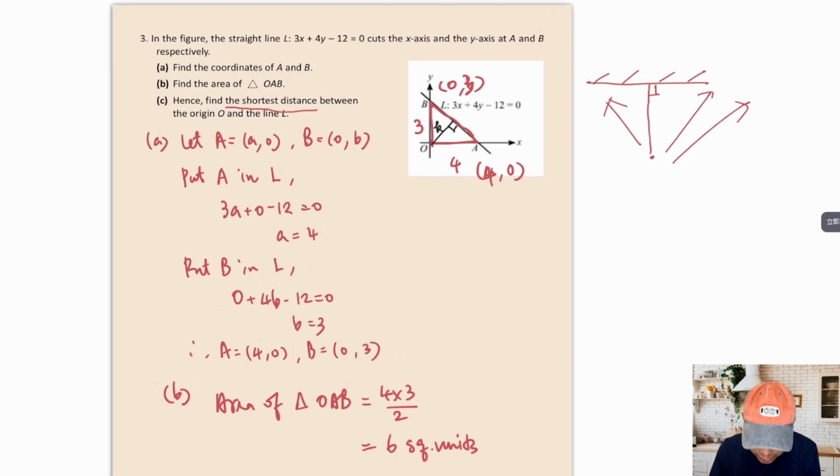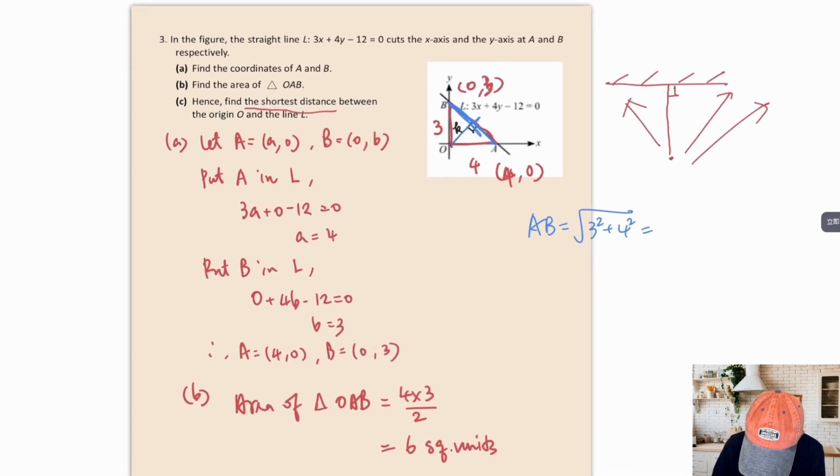We can see AB as the base, then the height is K. The length of AB is quite straightforward, as we have the coordinates of A and B. We can use the Pythagoras theorem to find the length of AB. AB is equal to the square root of 3 squared plus 4 squared. So AB is 5 units.